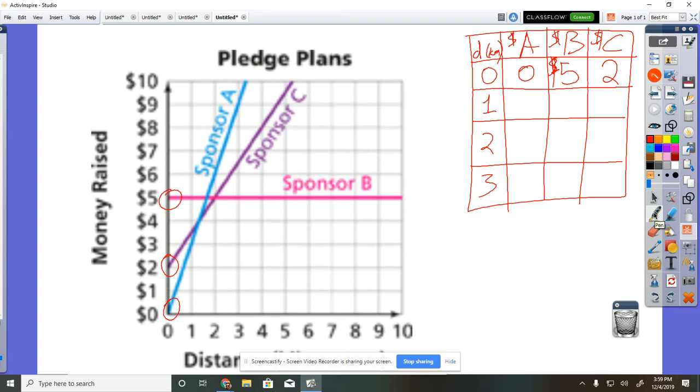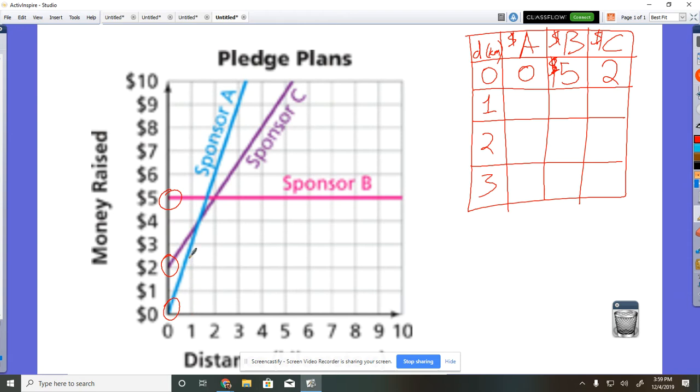If we look at 1 kilometer and we go up to sponsor A, it appears that this is about $2.50, but I would prefer not to have to estimate. So instead, I'm going to verify that at kilometer 2. If 2.5 is correct, I should be able to go at kilometer 2 and hit 5, and it looks like that is correct.